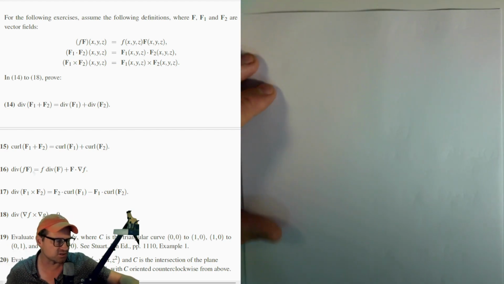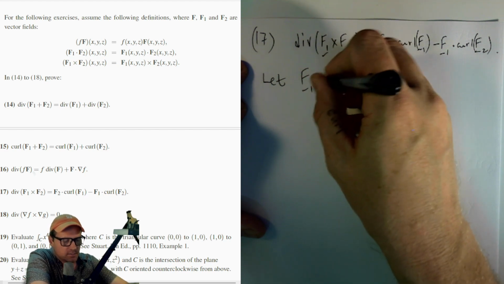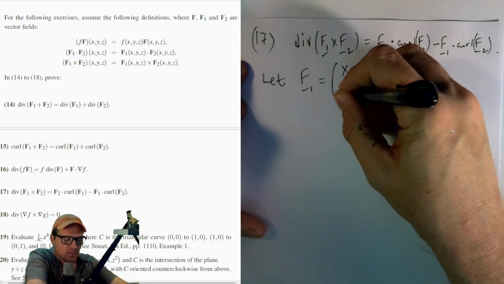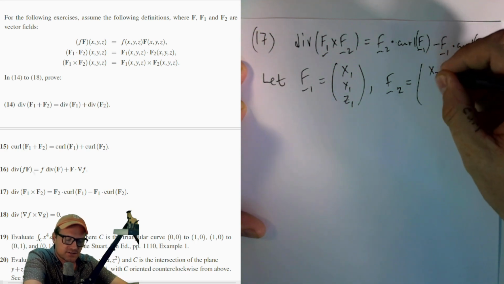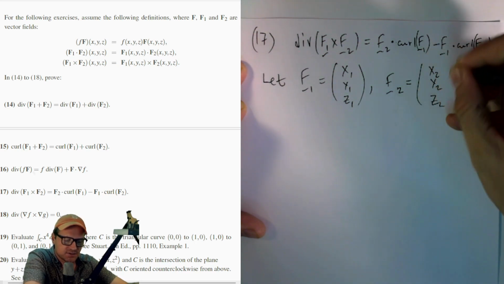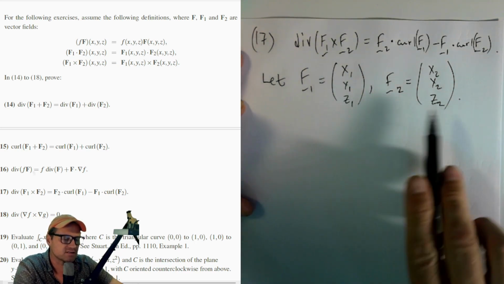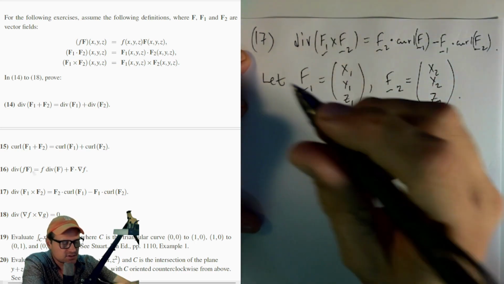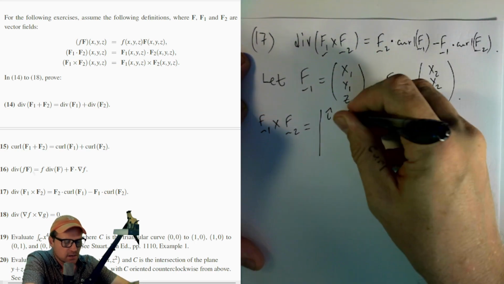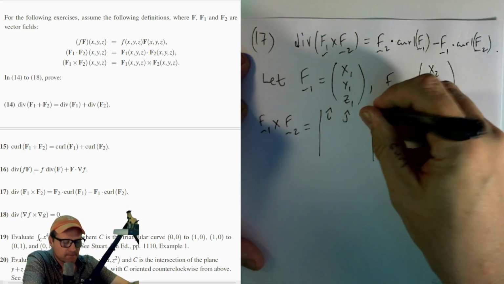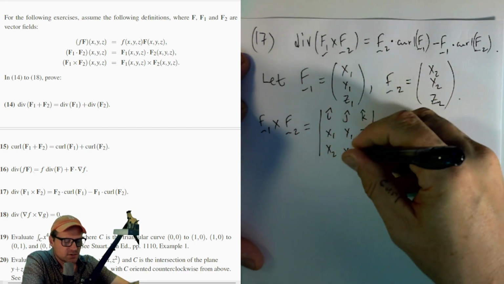Okay, moving on to question 17. So let F1 be equal to (x1, y1, z1) again, and F2 equal to (x2, y2, z2). We need to take the cross product of the two of these vector fields, so let's use the formula given by this pretend determinant: i, j, k; x1, y1, z1; x2, y2, z2.